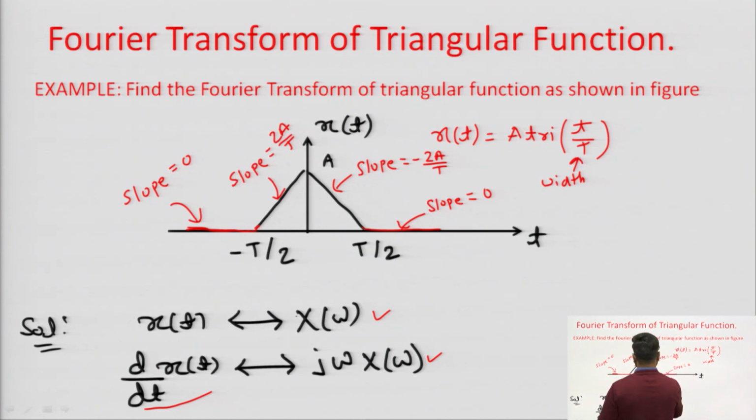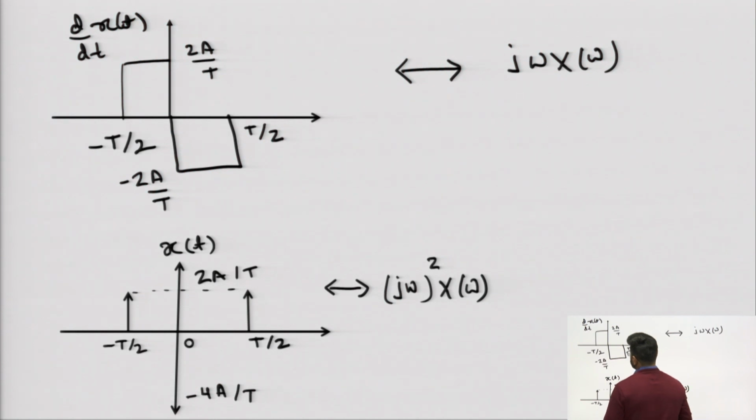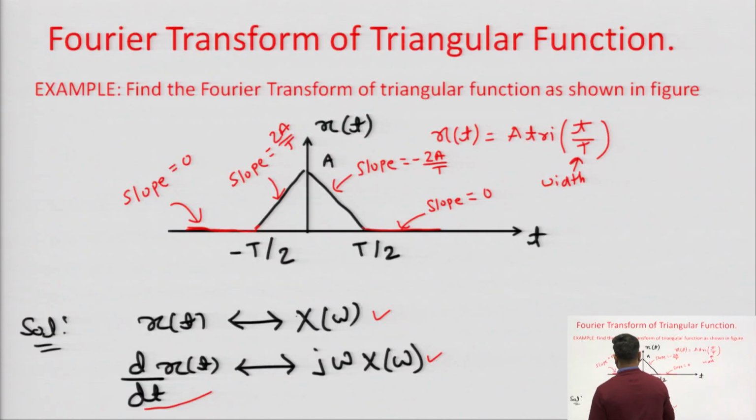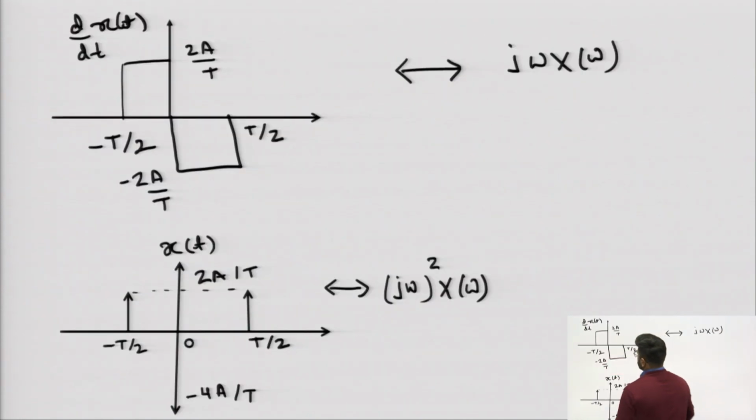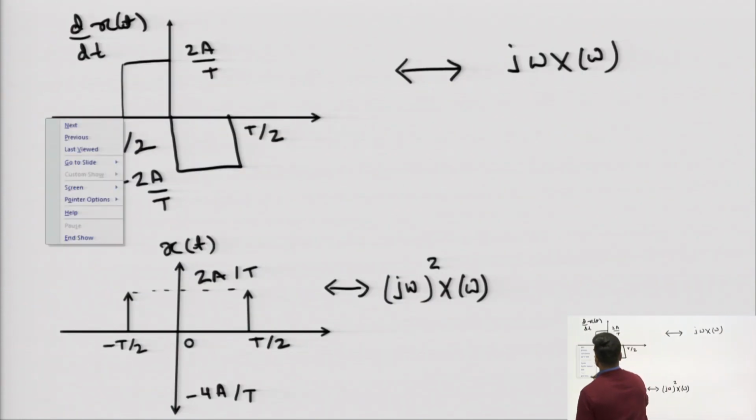So, when we differentiate this signal, we will see that at minus T by 2 we have a change in slope from 0 to 2A by T. So, the slope change will be 2A by T minus 0.